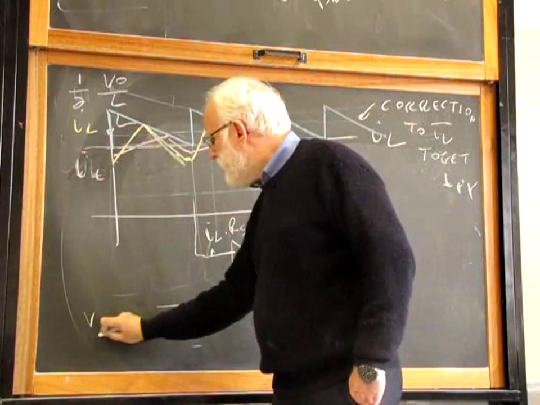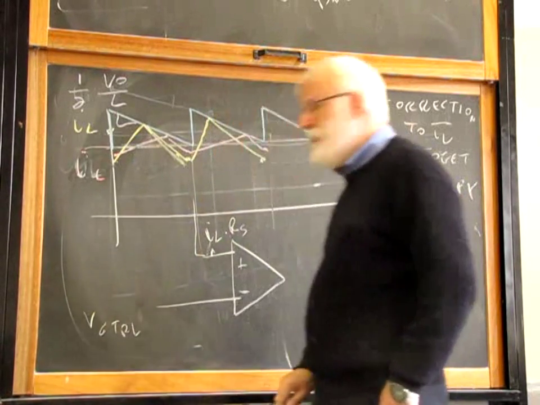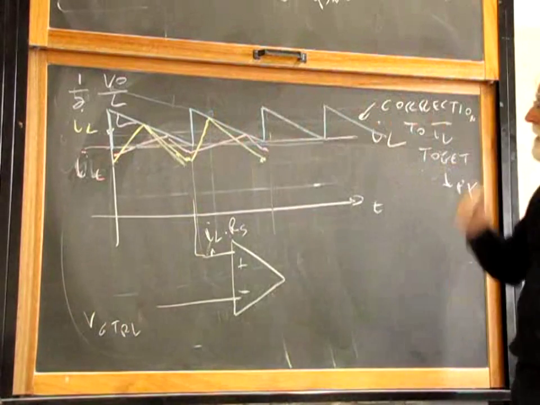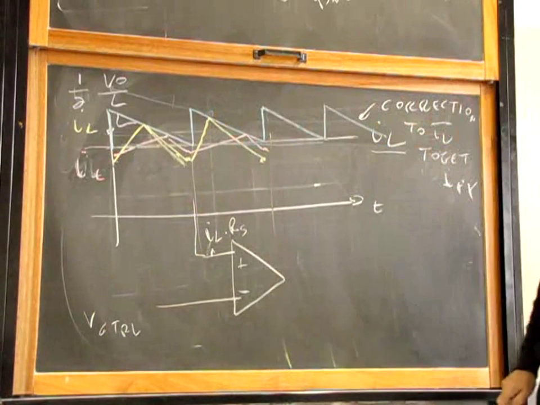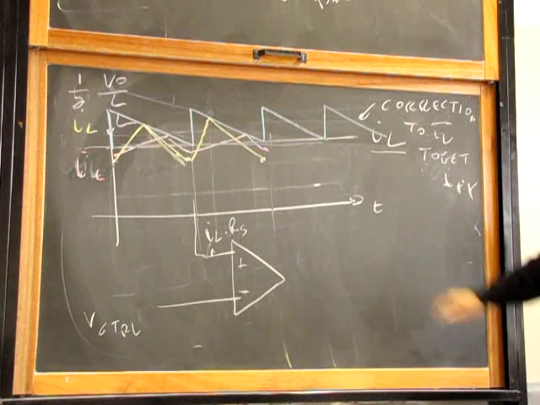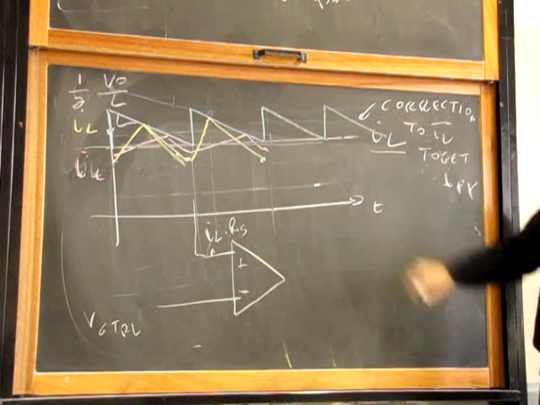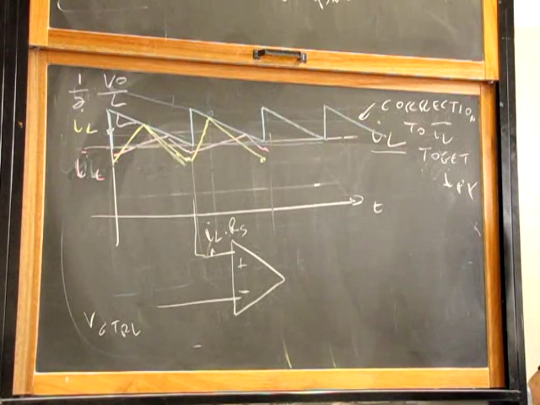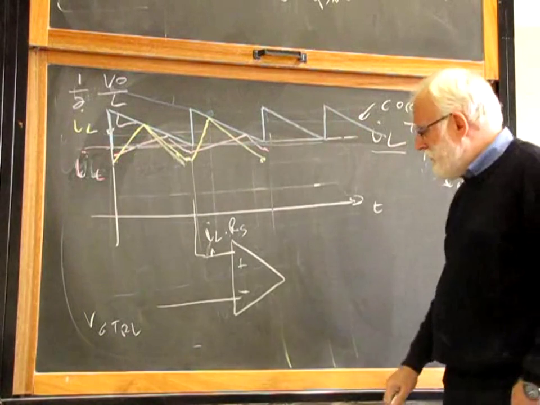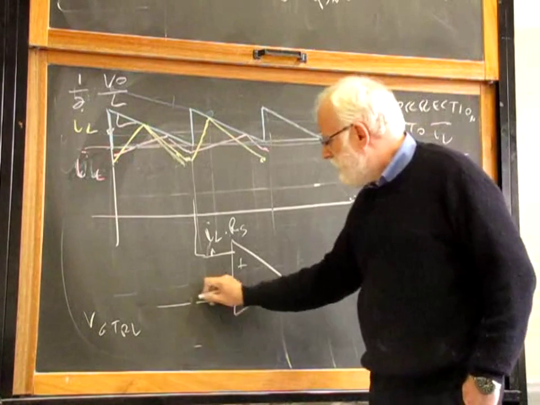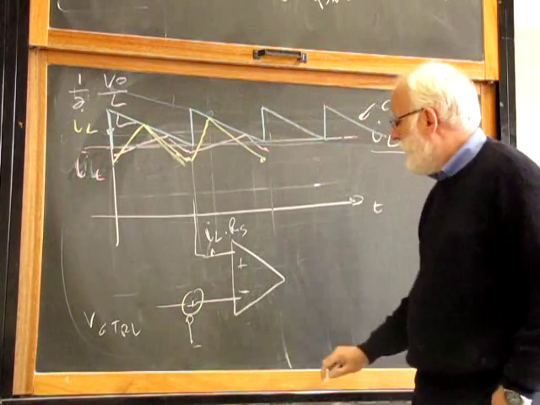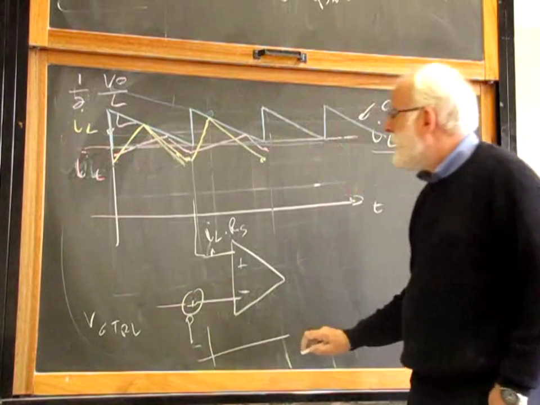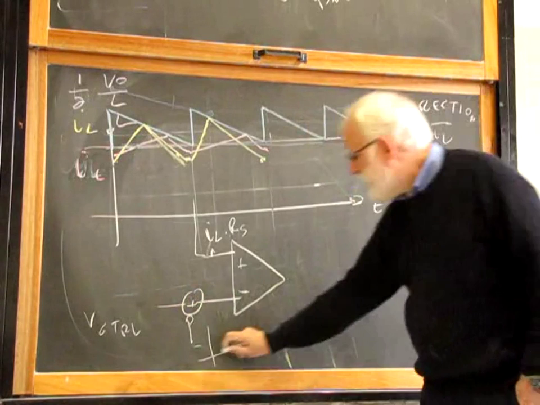Here there is Vctrl that is constant, and I want Vctrl equals IL times Rs. In order to add this ramp, I should add a ramp over Vctrl. I should add a ramp that is something like this.